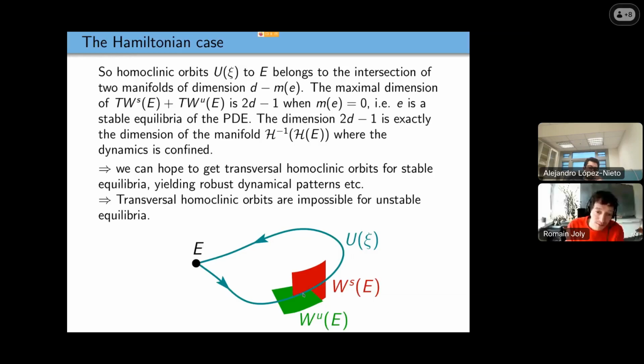So you cannot do better than dimension 2D minus 1, because here is dimension D, here dimension D, but you have an intersection of dimension 1.